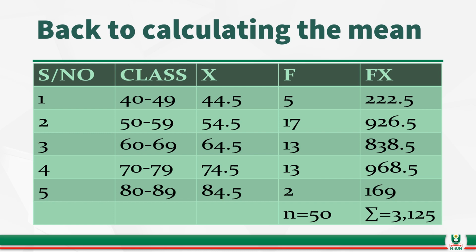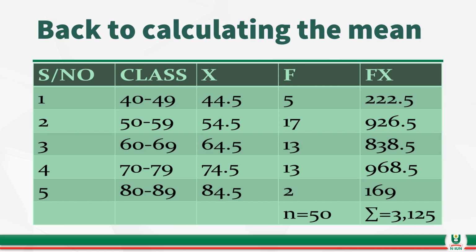So let's go back to calculating the mean from our frequency distribution table. Remember, serial number 1 to 5, our classes still remain 5 classes, 40 to 49 and down to 80 to 89. And then we calculate what we call the class center, which is x. 40 plus 49 divided by 2 will give you 44.5.